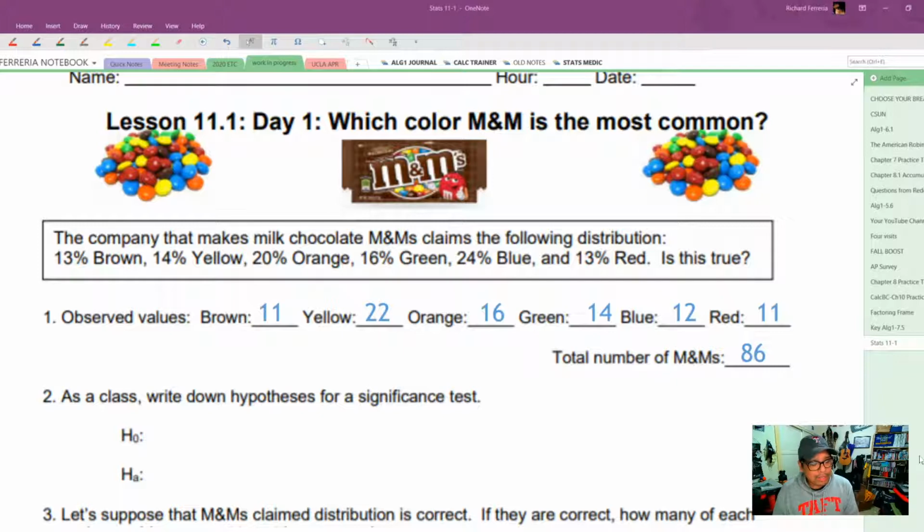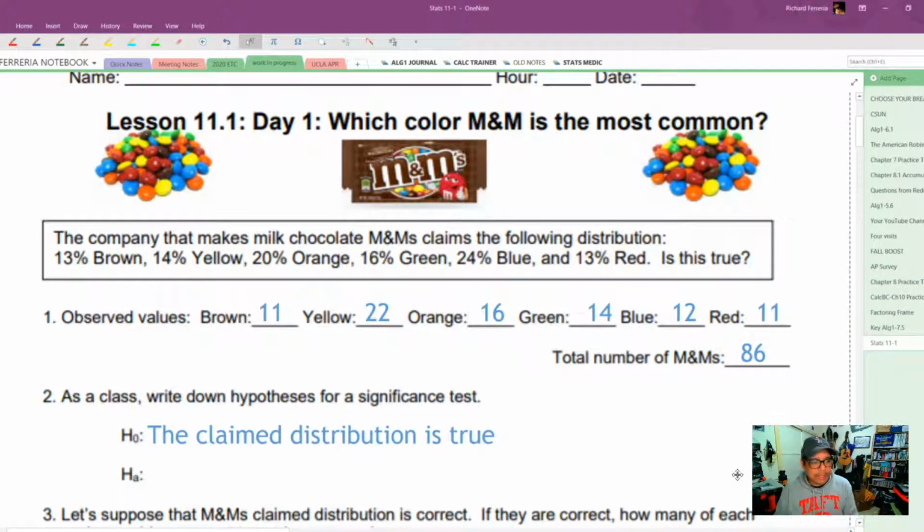One year we did this. We had 11 brown M&Ms, 22 yellow, 16 orange, 14 green, 12 blue, and 11 red, for a total of 86 M&Ms.